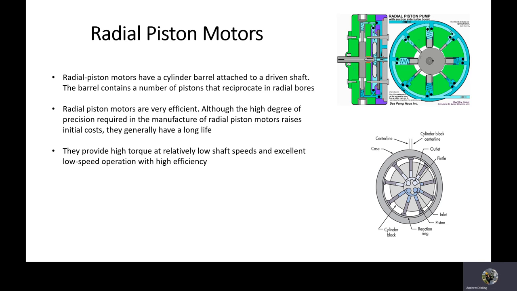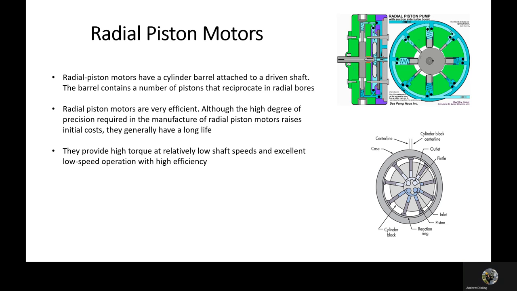Now, these can also have a speed characteristic to them by changing the eccentricity again, and by doing that, I change the amount of travel that the pistons travel, and by controlling the piston travel, I control the amount of fluid that goes through the motor, therefore the speed and the torque.